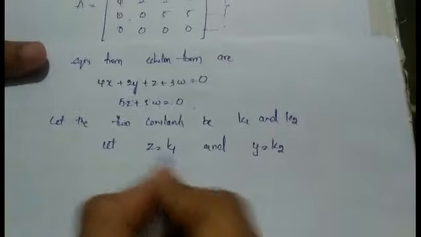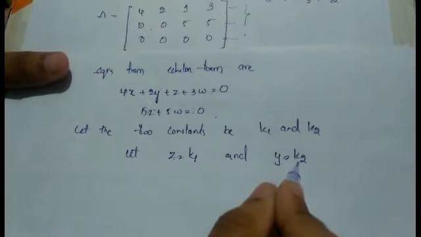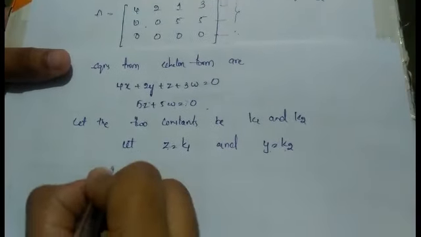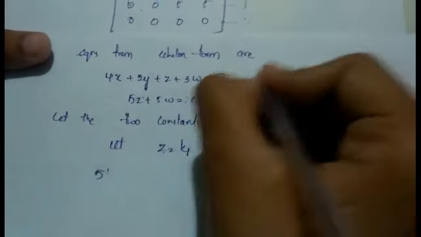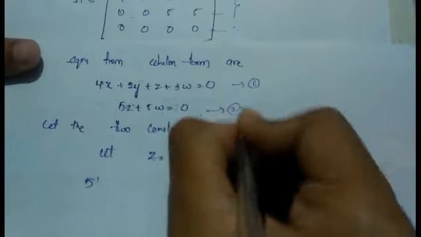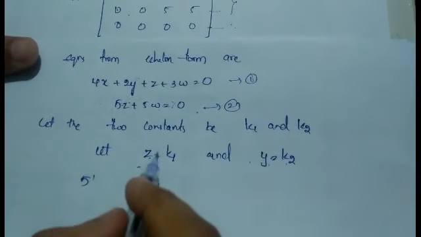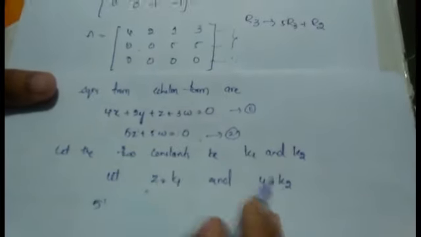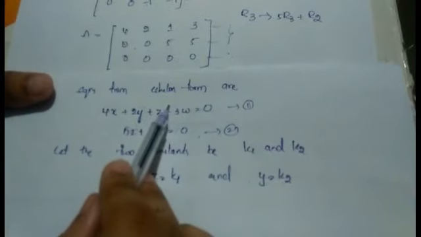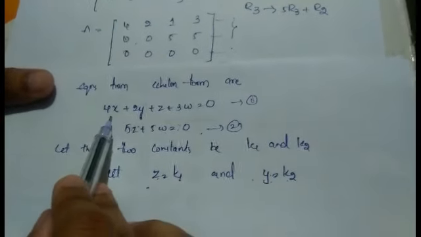So I am taking z as k1 and y as k2. Let this equation be first and this equation be second. If I substitute the z value in this, we get the value of w, and with those z, w and y values, when we substitute in equation 1, we get the value of x.